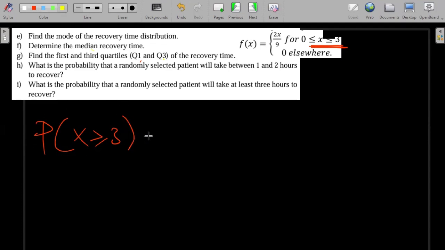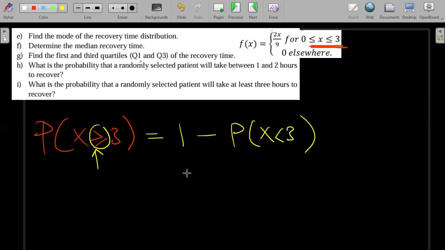You can also solve this one using the complement rule. Whenever you see a greater than, you can rewrite this probability as 1 minus the probability of x, and since here it was greater than or equal to 3, here we're going to say less than 3. So what is the probability that x is less than 3?